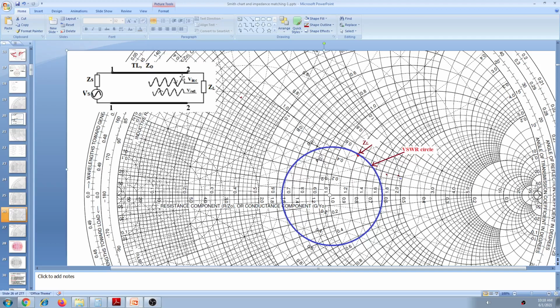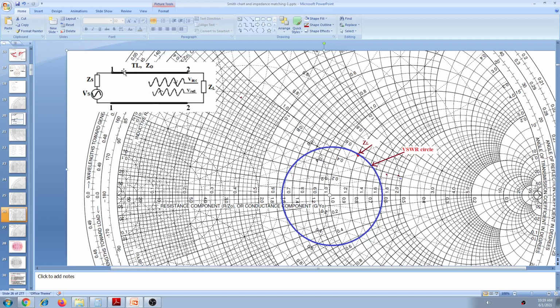Now what we studied in the earlier class: based on the value of ZL, there is a reflection at the load point here. That reflection depends upon the value of ZL. Because of reflection, there are two waves on the transmission line, the incident wave and the reflected wave.